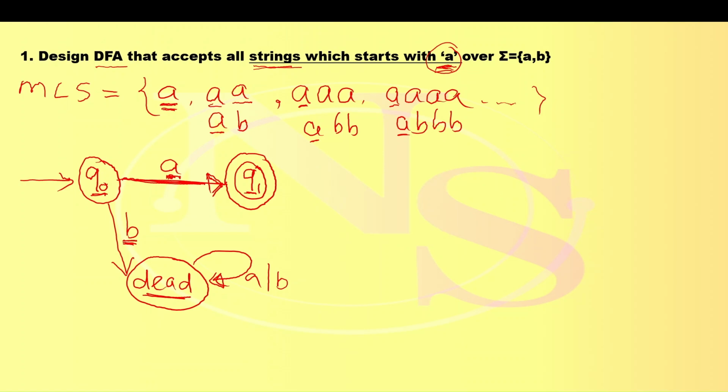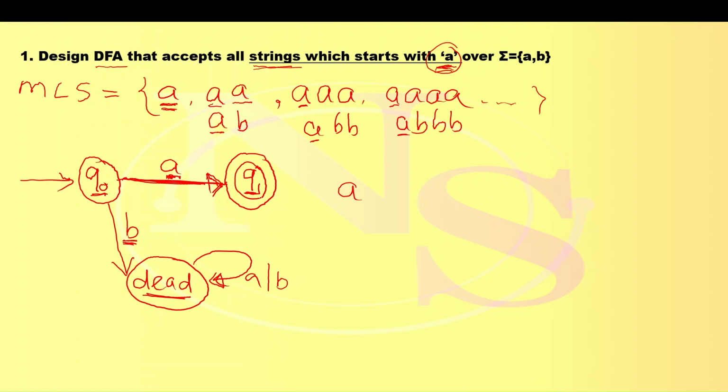Now make Q1 deterministic. How to find the transition for A and B from Q1? There are multiple ways. The first easy and shortest way: how to reach Q1? By reading A. So we are at state Q1.